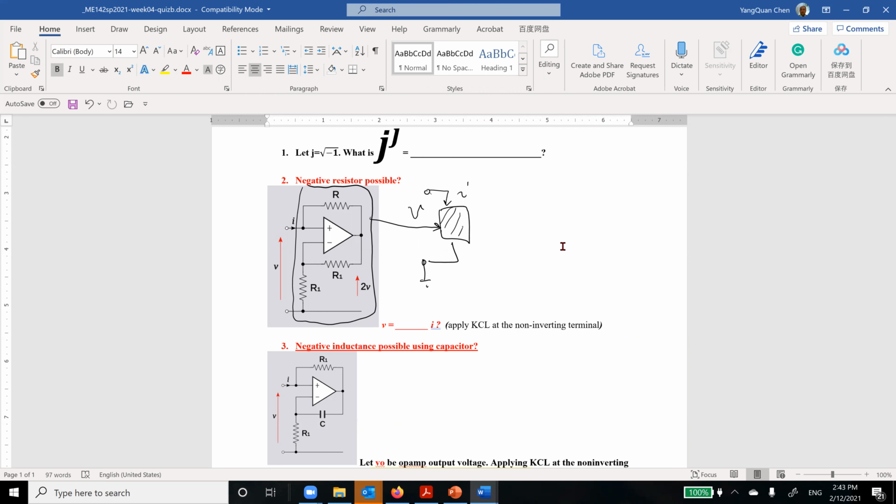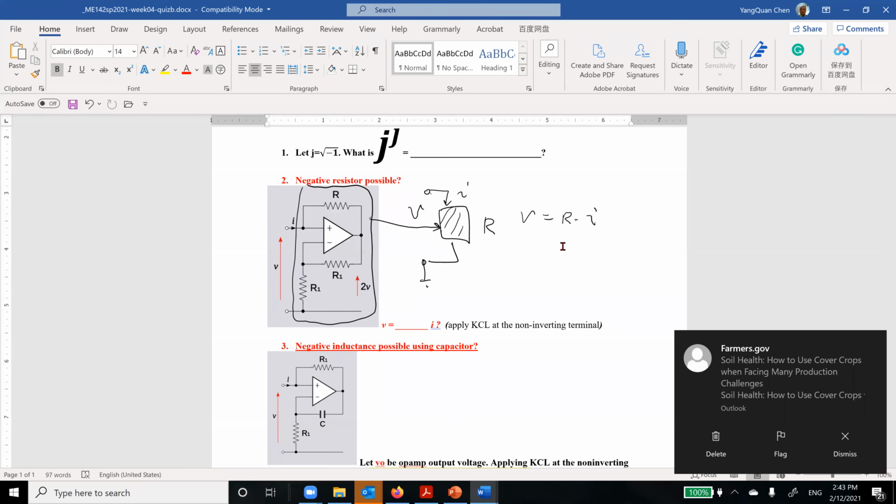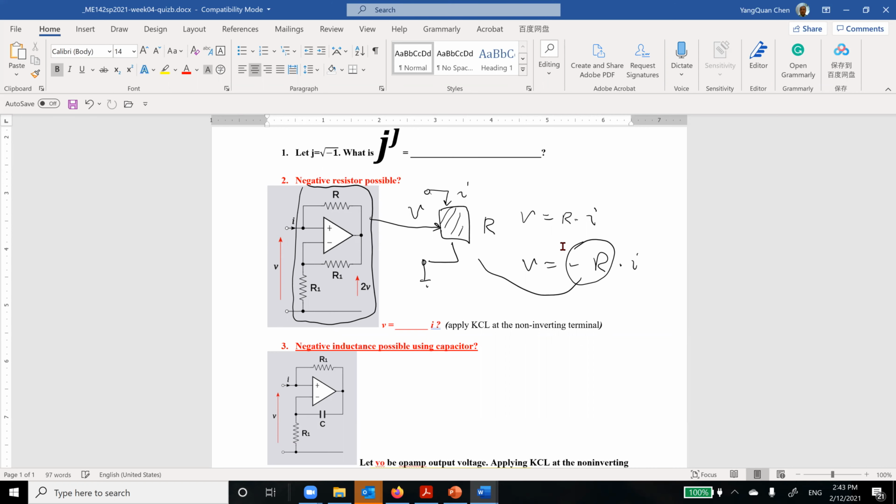Previously, if I put R in here, I know that V is R times I. But in this case, we can actually have V equals minus R times I. So this minus R becomes what I call a negative resistor, a resistor with negative resistance.